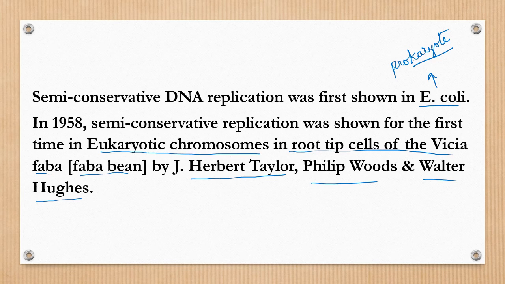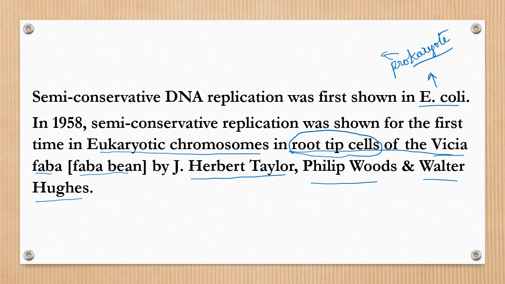They showed this semi-conservative replication in eukaryotic chromosomes, and their experimental material is Vicia faba. It is a plant, and in this plant they used the root tip cells.